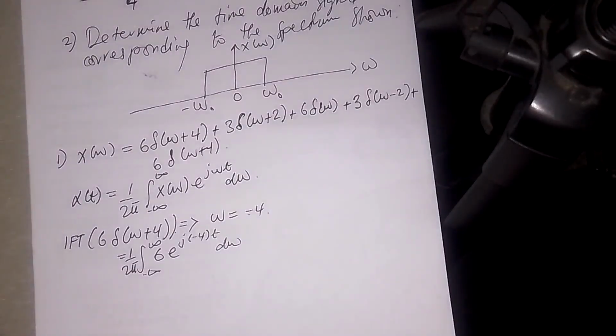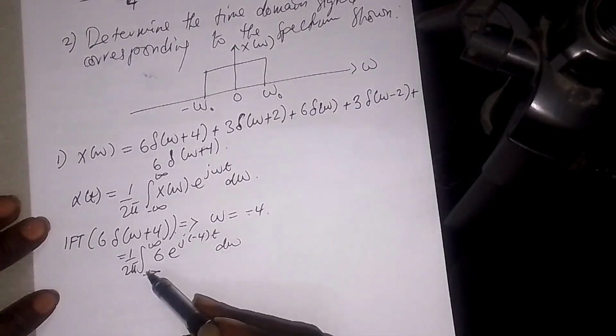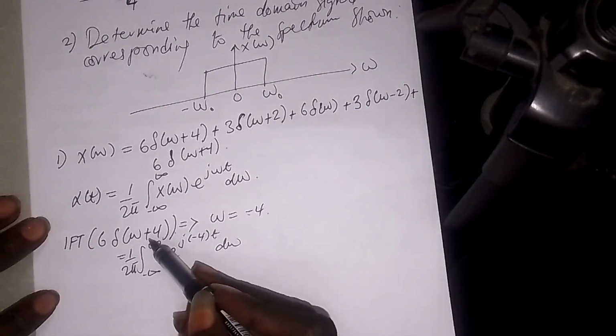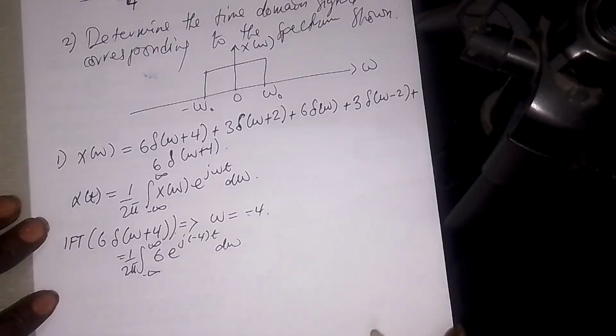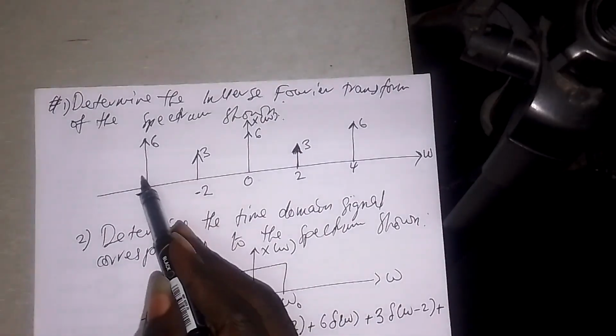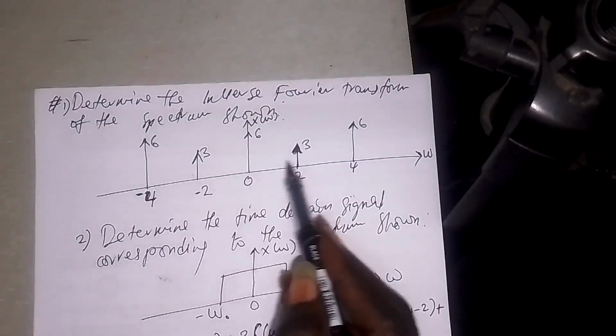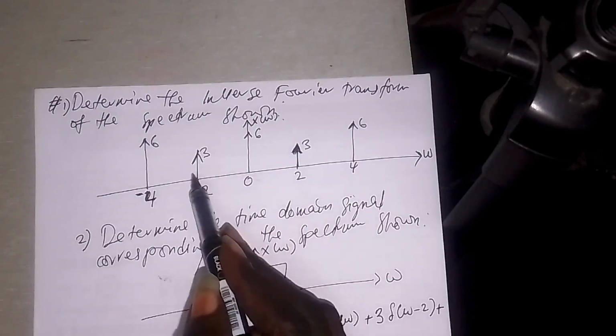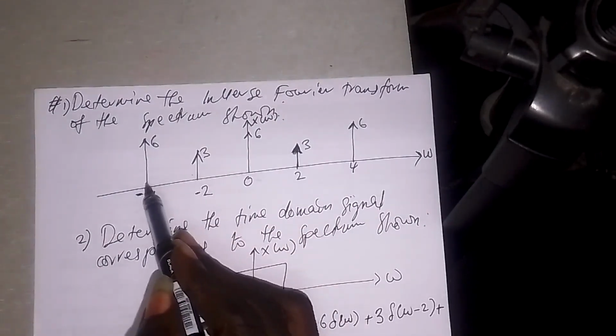But in this case, it's an impulse signal, so the minus infinity to infinity is not occurring within an interval, because this signal doesn't occur at an interval, but at a specific point. So minus infinity to infinity doesn't affect these.